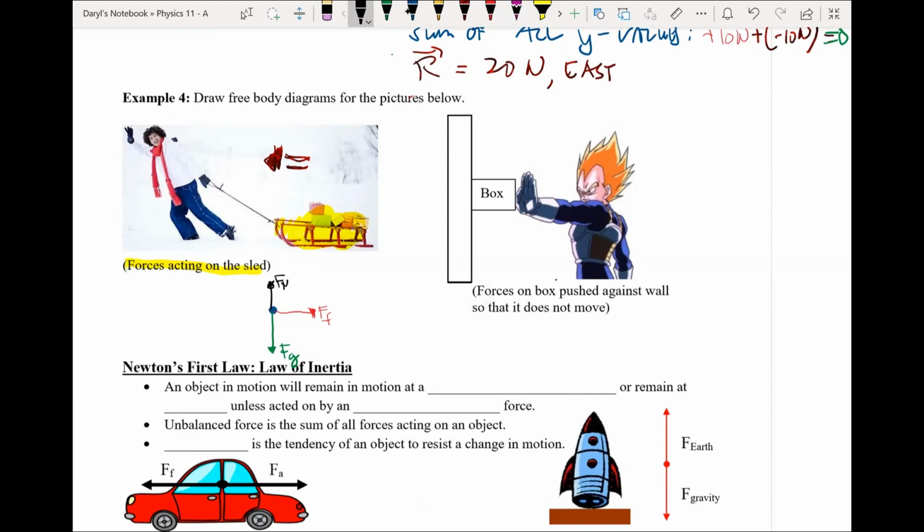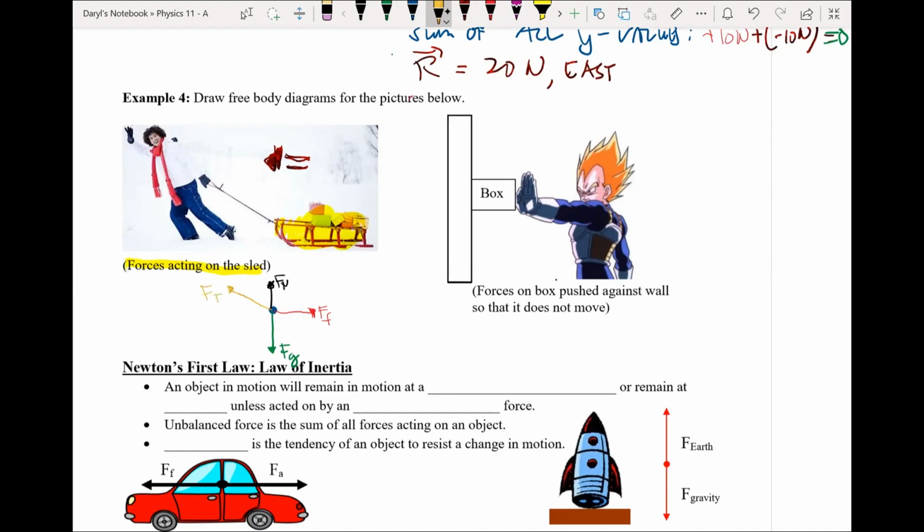And then what else? Well, this particular person is trying to pull with the use of a string in that particular direction. So therefore, you have there a tension force in that direction. Okay, and that is Ft.